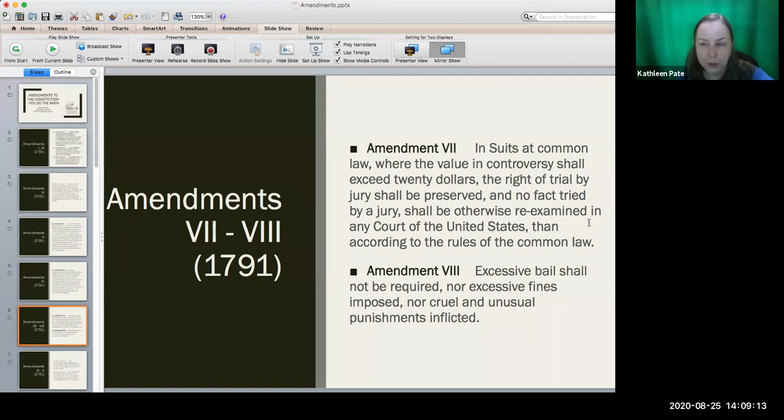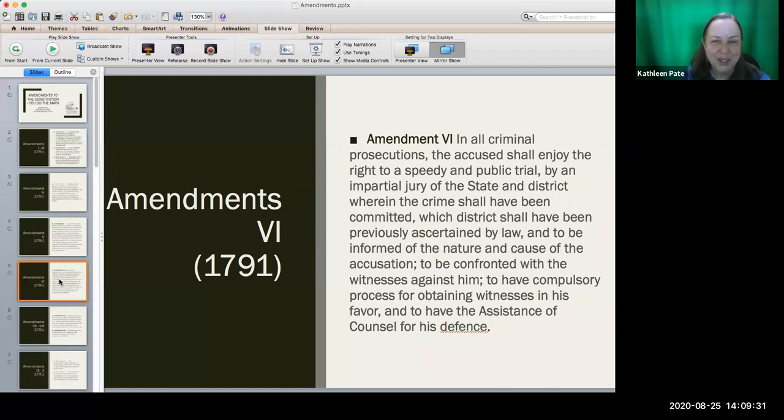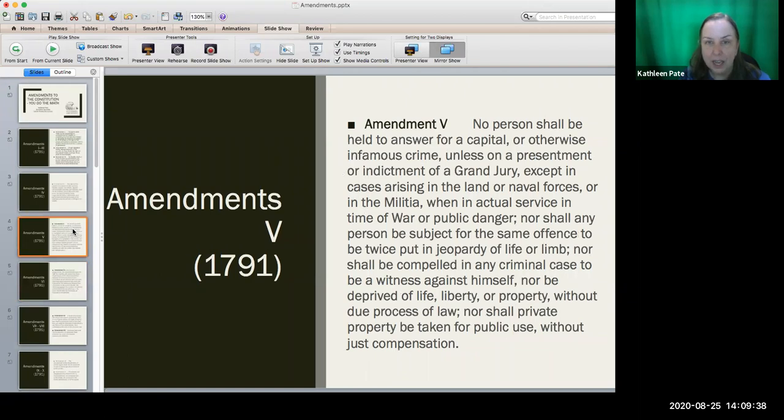Does anyone watch Law and Order? Yes. Excessive bail shall not be required is number 8, nor excessive fines, nor cruel and unusual punishment. Going backwards to 6, that is your right to a speedy trial. 5 has the rule of double jeopardy, right? You can't be charged with the same offense twice.